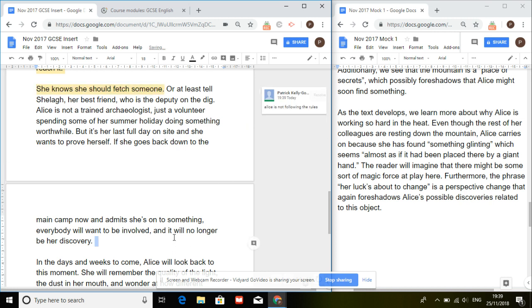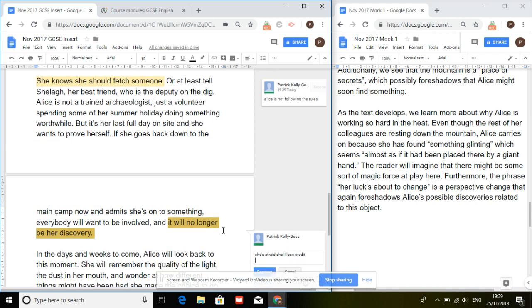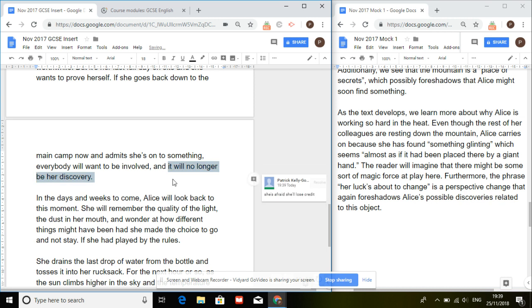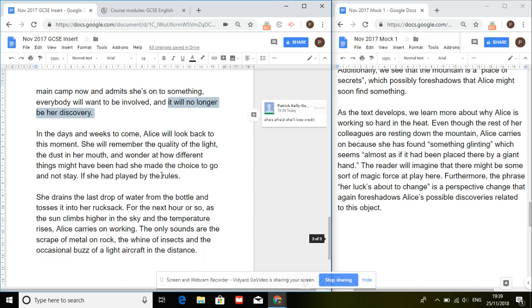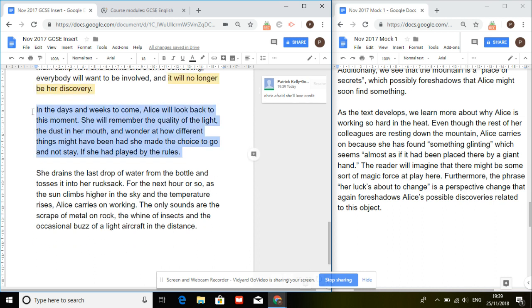She's doing that because she's afraid she'll lose out on credit for that. So that to me feels like Alice is being quite naughty. And then you've got this wonderful shift here.